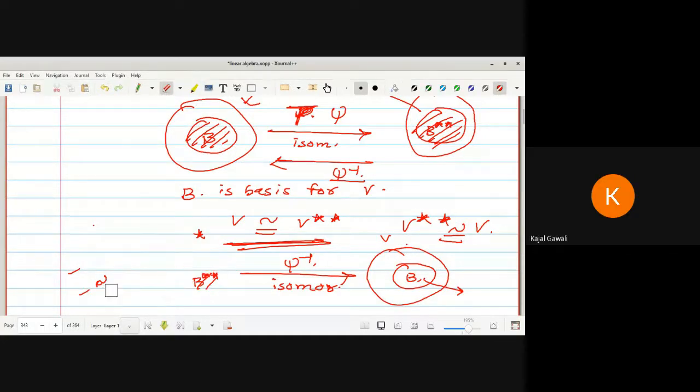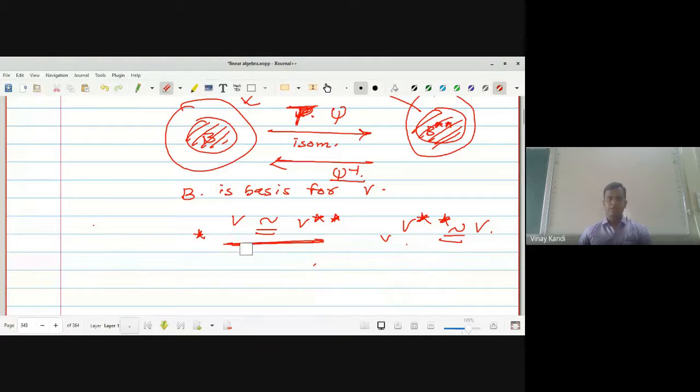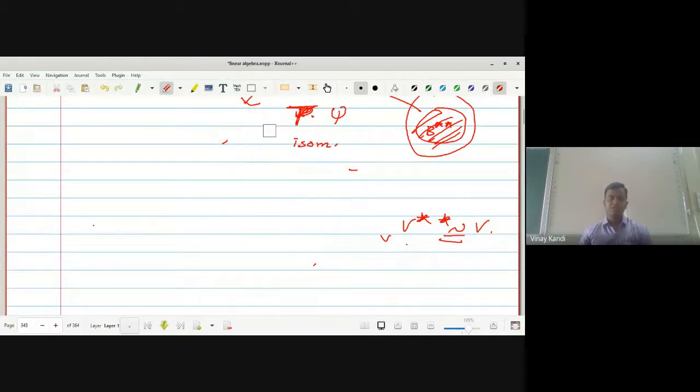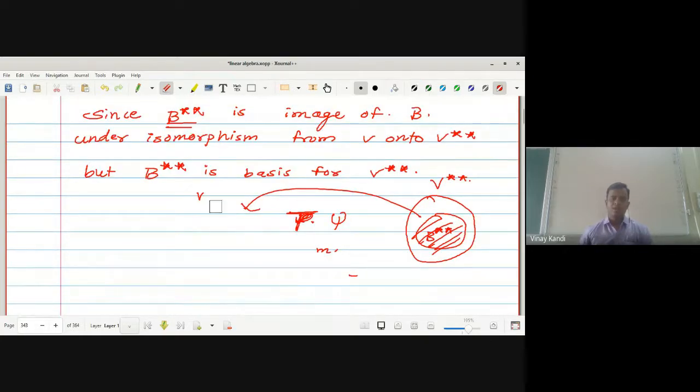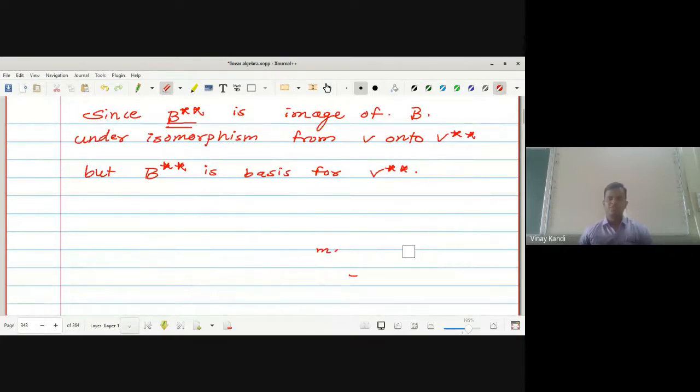No sir. म्हणजे V star हा तुमच्याकडे बेसिस आहे, V double star is the basis of V double star. So under the isomorphism, we know that V double star is isomorphic to V. So the pre-image of V double star, that is beta or B, is what? Basis for. Hence the pre-image of V double star, that is B, is basis for V. Now we have to prove that this B basis is dual basis of B star.